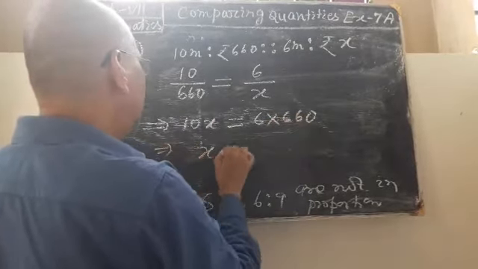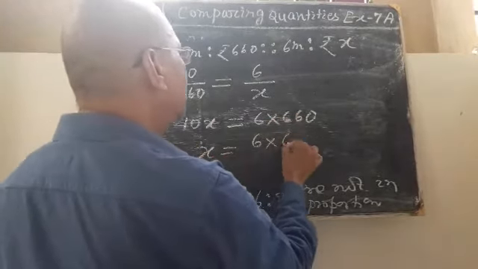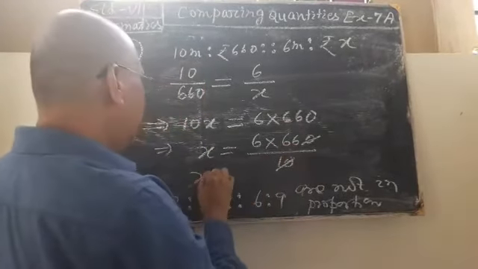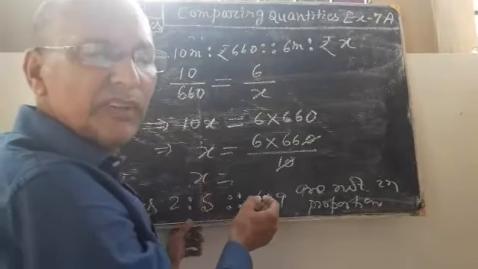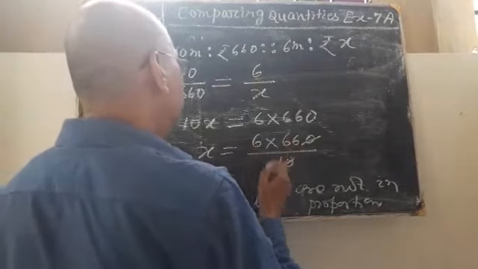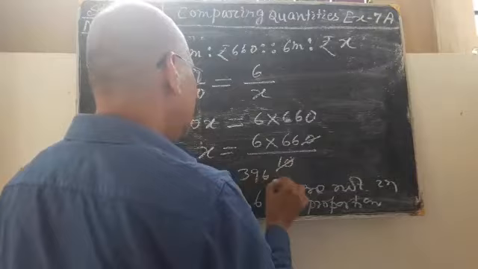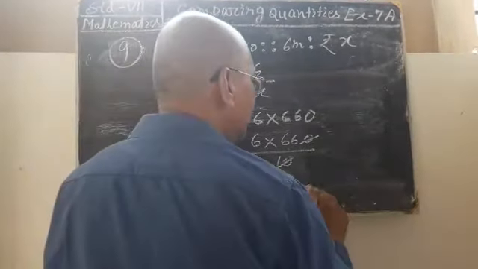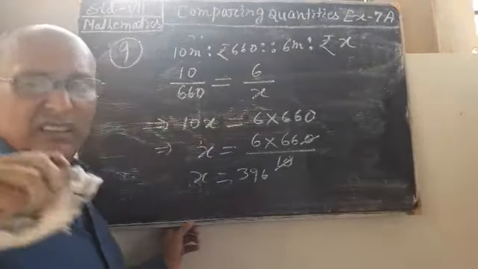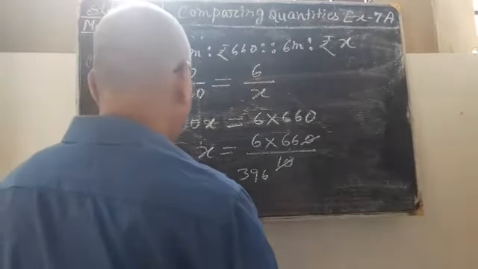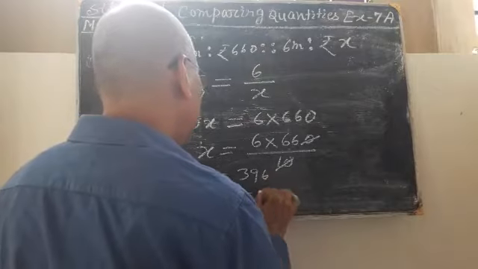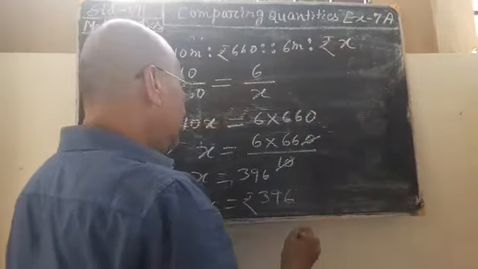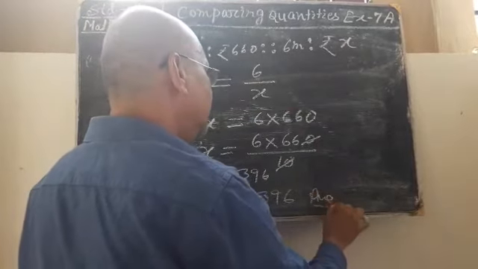This implies x is equal to 6 into 660 by 10, and x is equal to 396. So the cost of 6 meters of cloth is rupees 396.